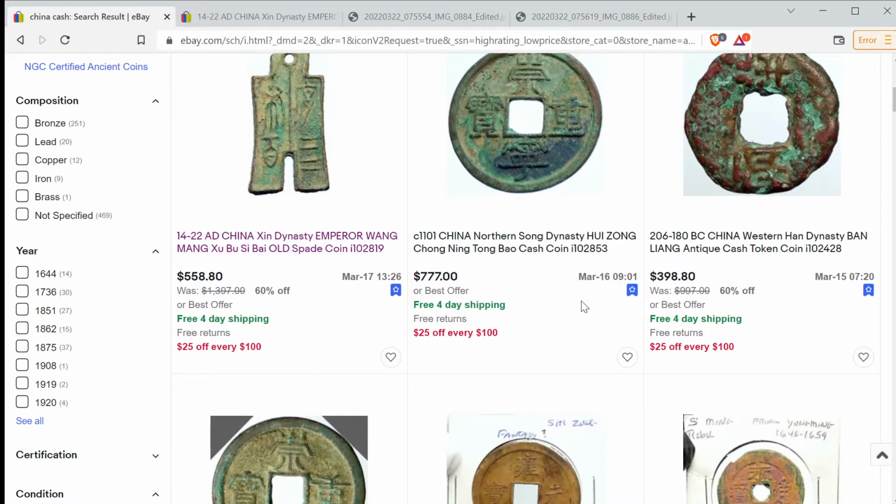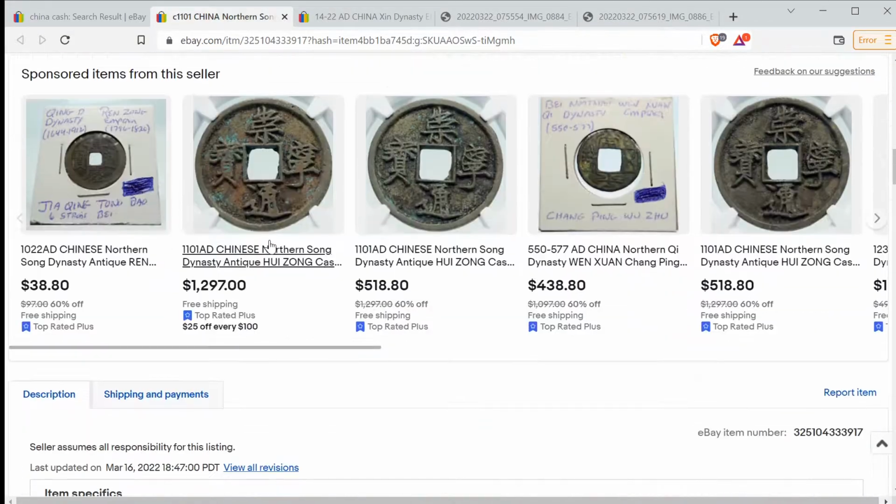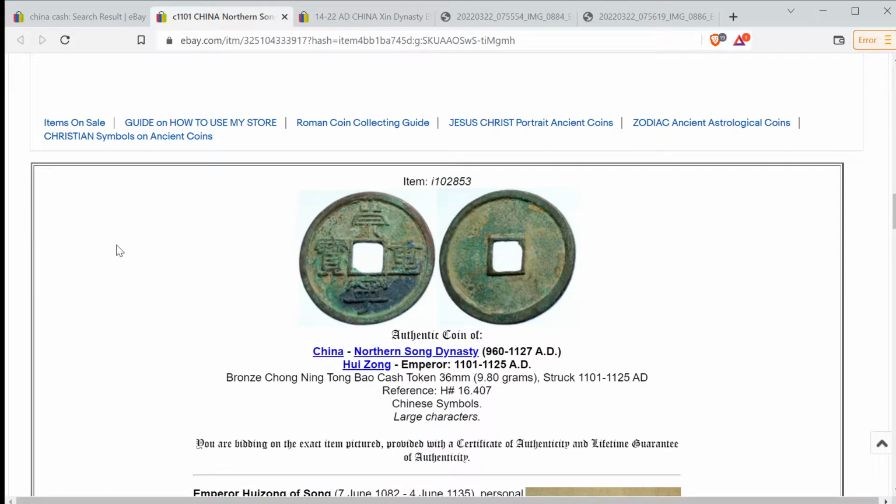So let's check out this one, 1101 AD. Interesting. Huizong. The ancient Chinese coins were all pretty much the same for what, 2,000 years. This circular design with the square hole in the middle. You may ask why the square hole.